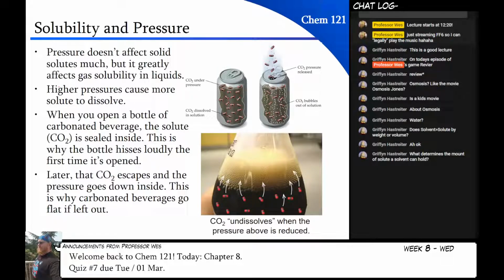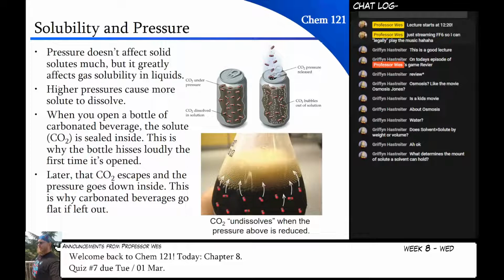How does temperature affect gases? Well, temperature makes gases move faster, right? We talked about this with the kinetic theory of matter at the beginning of chapter 7. Temperature is the speed limit of particles. Gas particles, even if they're dissolved in water, have a velocity. They bounce around. What ends up happening if you heat up your solution is that the gas particles will move faster and they escape more easily.